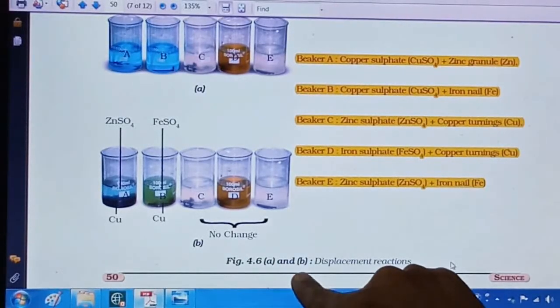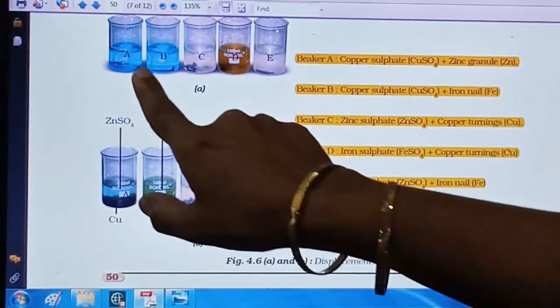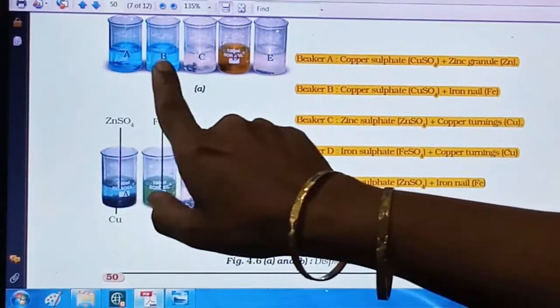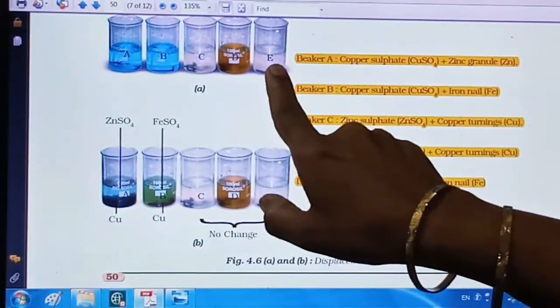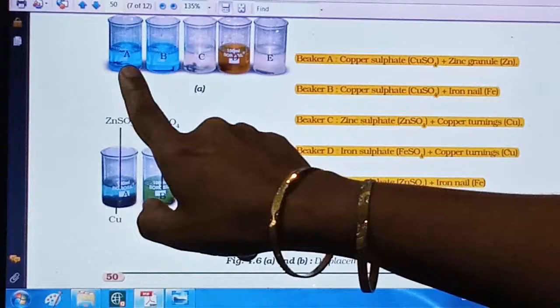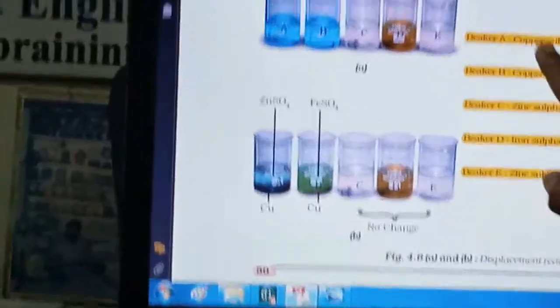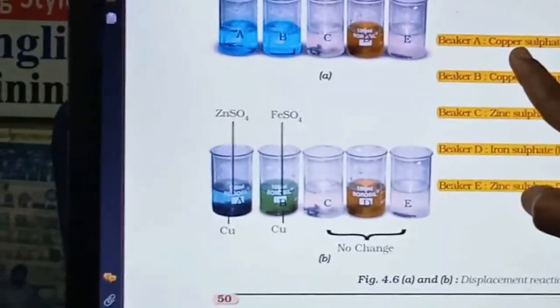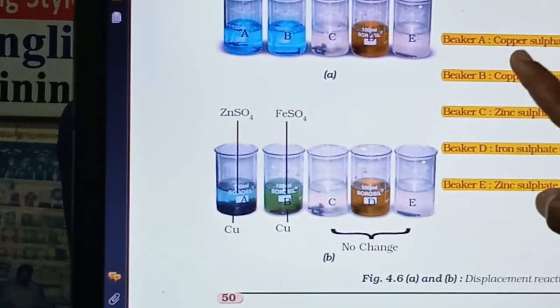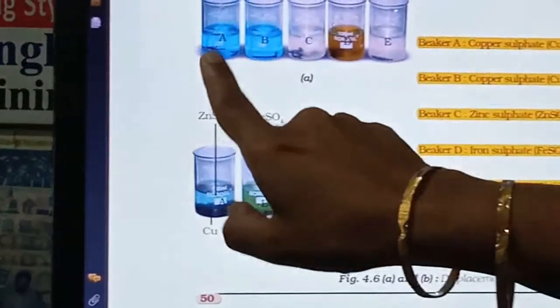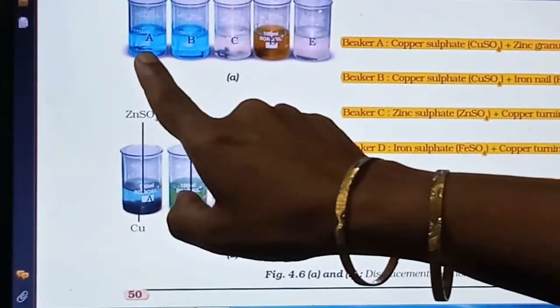In that, beakers A, B, C, D, E are there, right? Then what do A, B, C, D, E contain? Here it is given, beaker A contains copper sulfate. Copper sulfate is blue in color. You can see here the blue color solution, right?